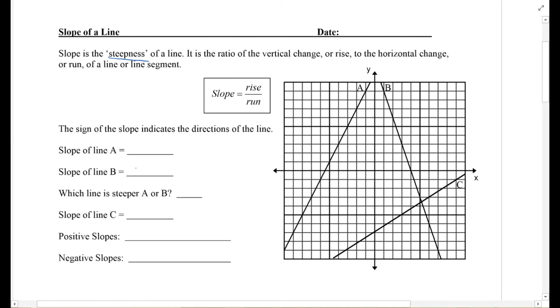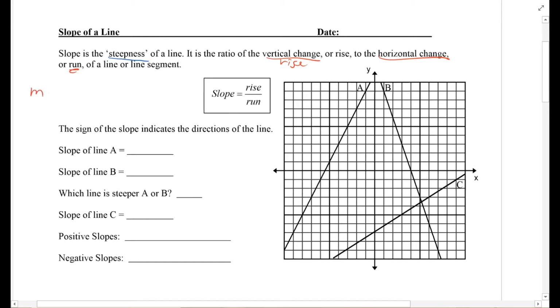So slopes are a ratio, and ratios can be fractions of the vertical change, which is our rise, and our horizontal change, which is our run. So we usually start with slope equals rise over run.